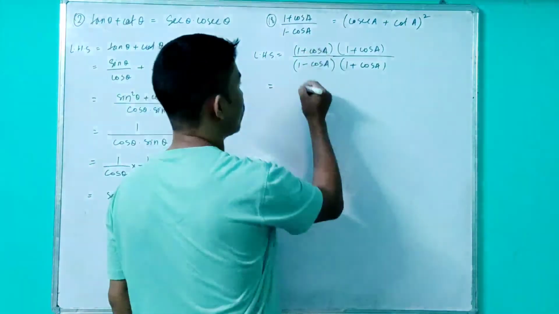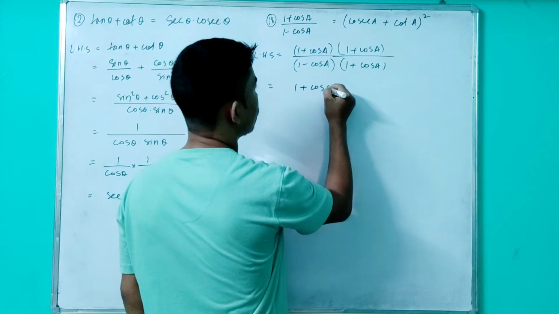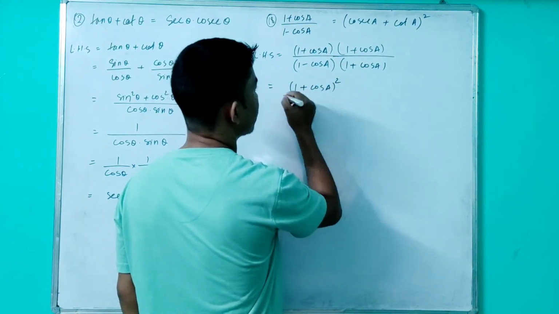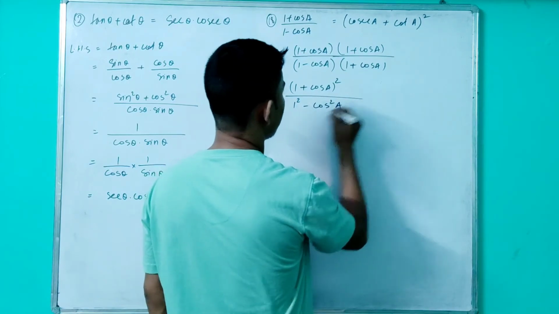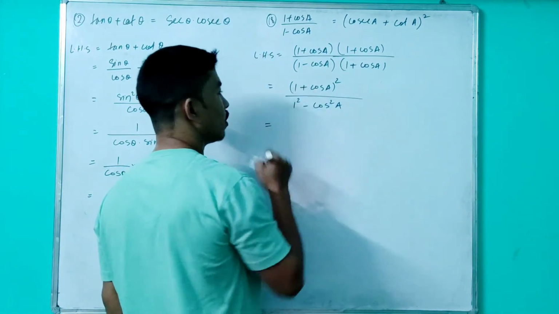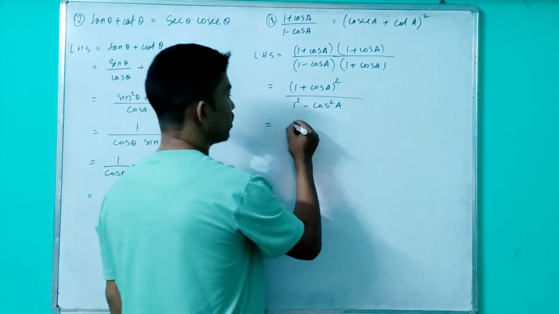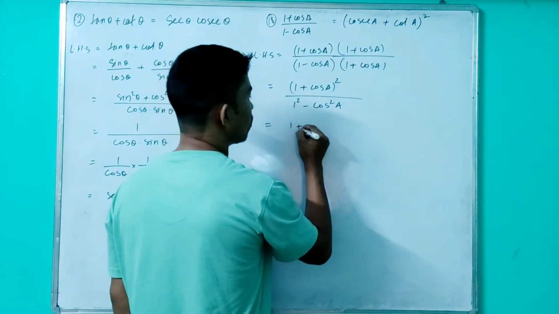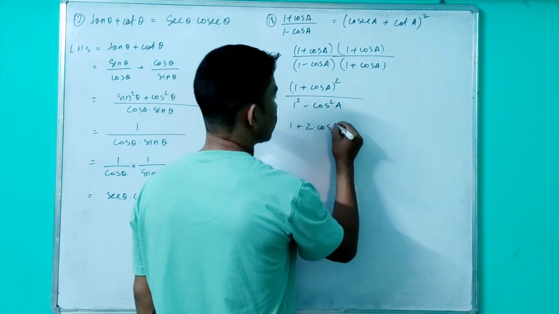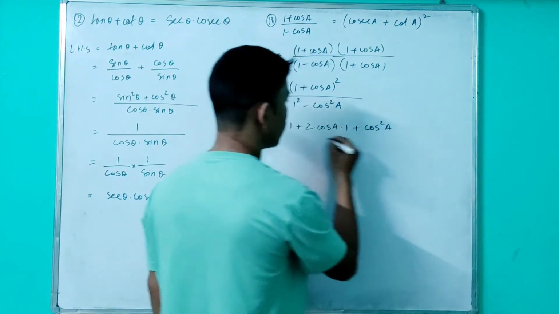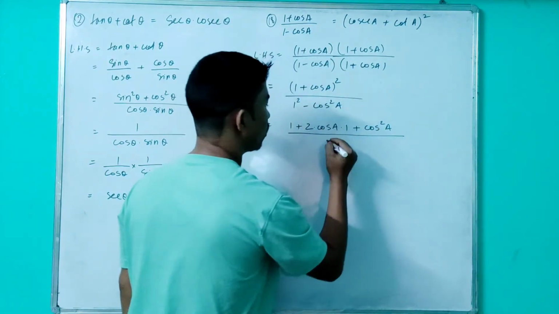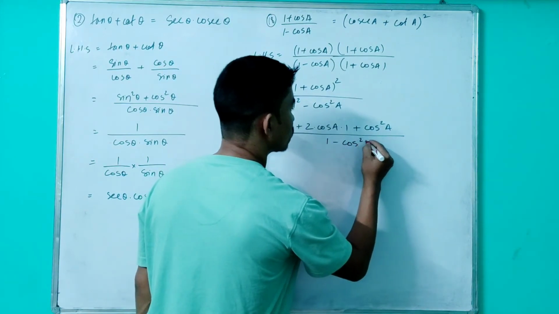Okay, so the upper becomes 1 plus cos a whole square divided by the lower, which is 1 square minus cos square a. The upper portion, if I expand it, will be 1 plus 2 into cos a plus cos square a, divided by the lower, 1 minus cos square a.